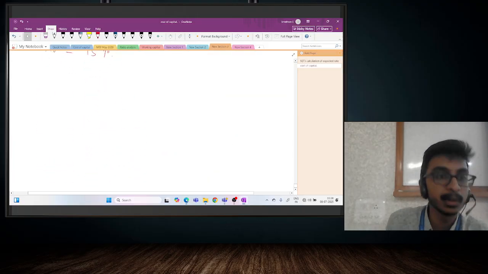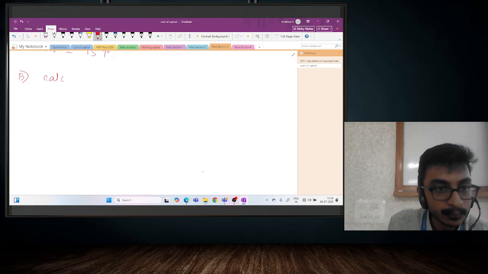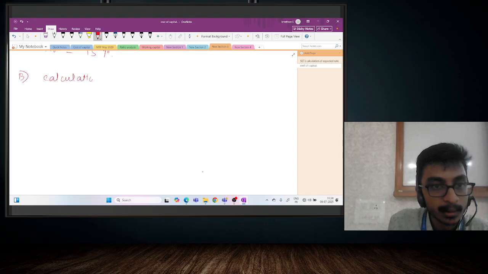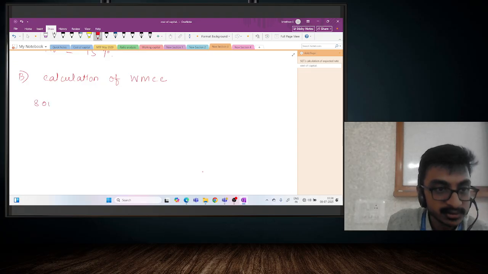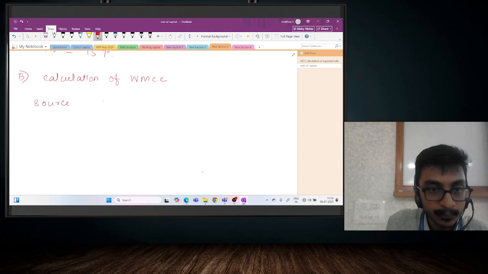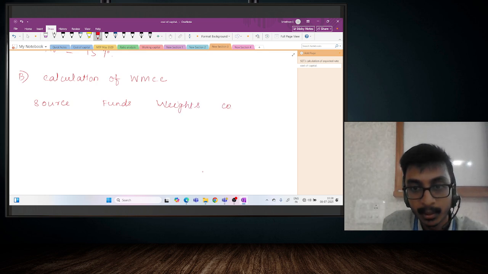Write down requirement B: calculation of weighted marginal cost of capital. Source of funds, weights and cost.